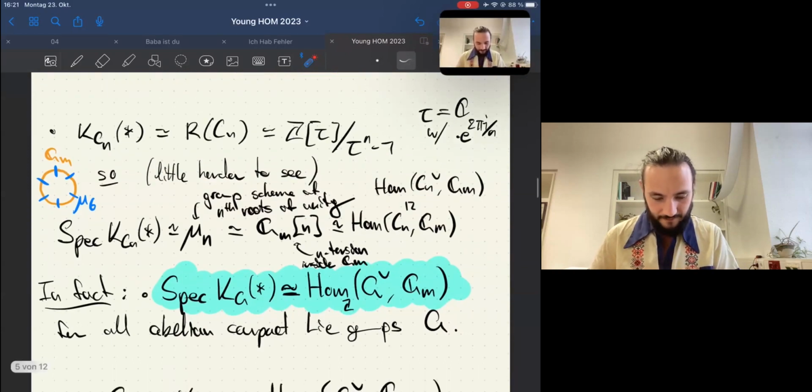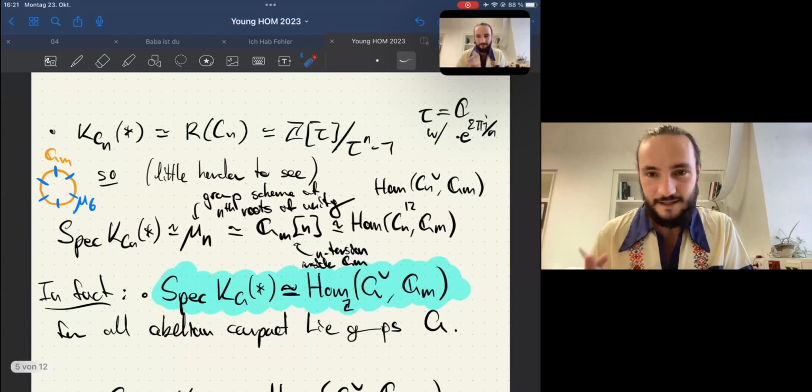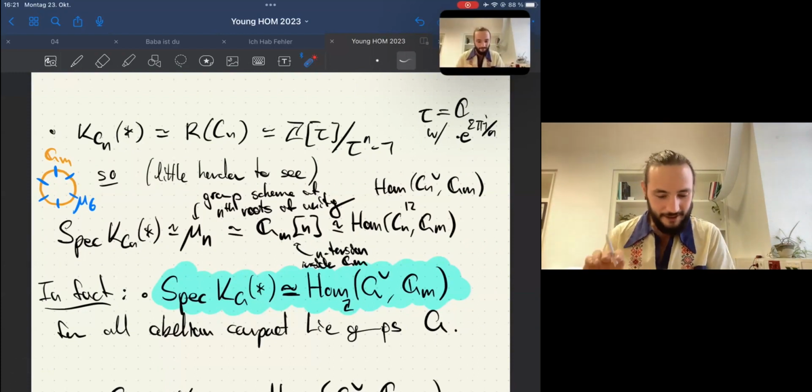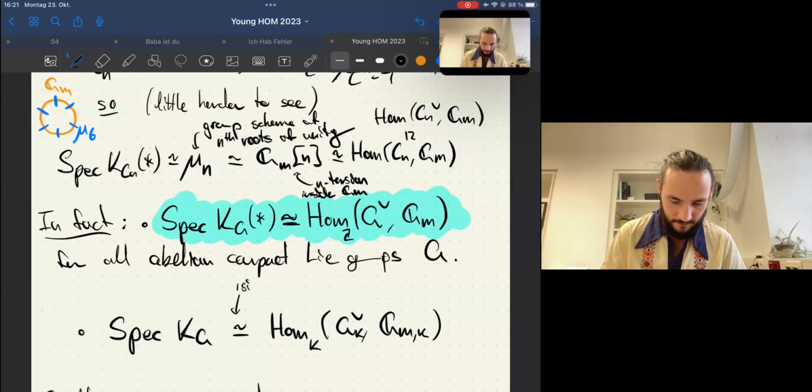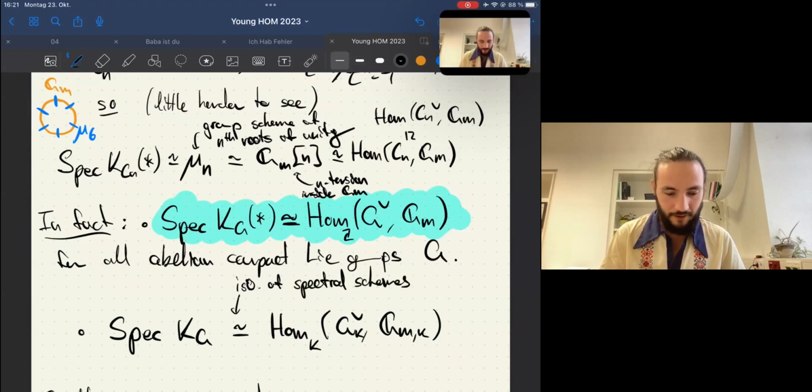And in fact, everything I've been saying so far is very discrete, but it actually holds spectrally too. So there's an isomorphism here of spectral group schemes. I'll just write spectral schemes for now, where we're looking at Spec of an E infinity ring.